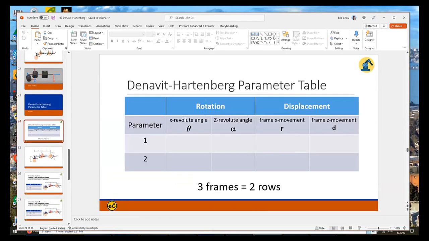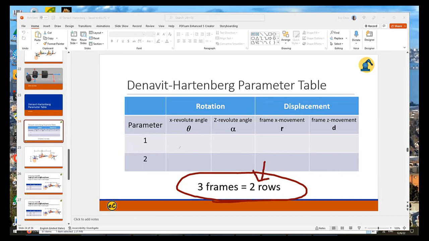You need to extract your Denavit-Hartenberg table, because they are 3 frames. There are 2 transitions. So actually, it's also 2 rows you need to create.